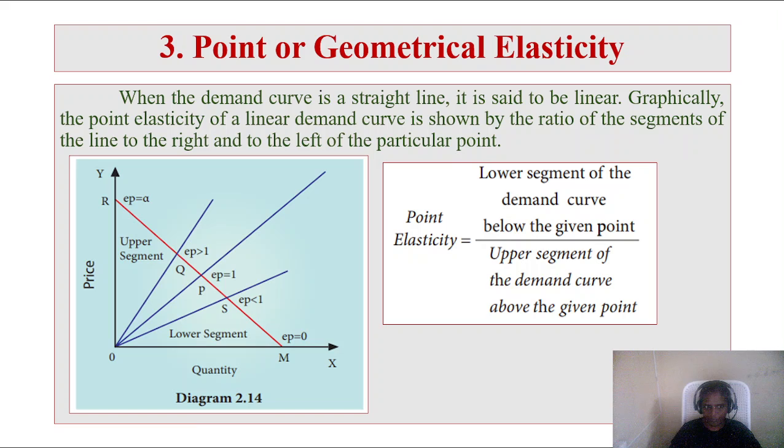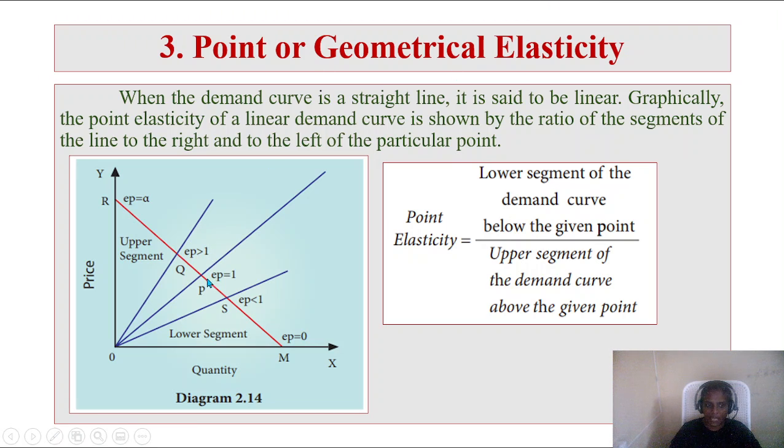Here EP is nothing but the price elasticity, and here the elasticity is greater than 1. Why are we saying it is greater than 1? Because it lies above the central point. That's why EP is greater than 1.